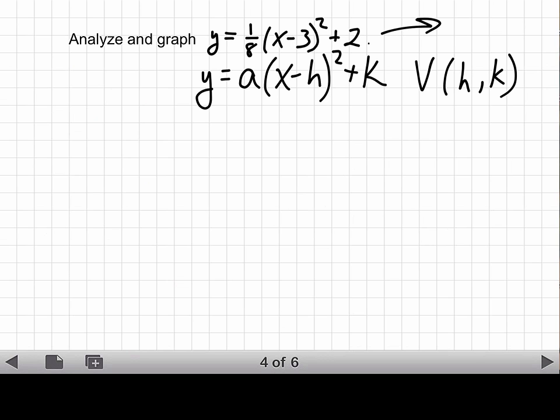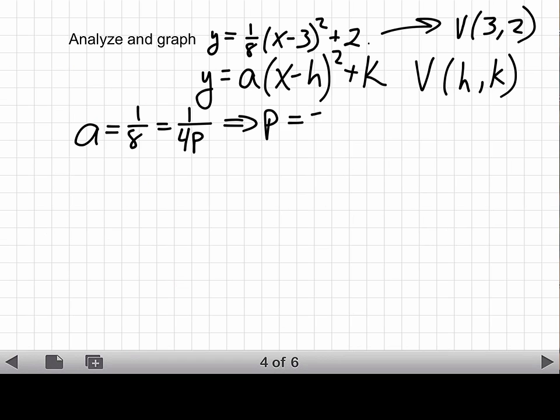So for this particular parabola, the vertex is at 3, 2. Everything else that we have just done still applies. So as in the first example, a being 1/8 and a being 1/4p tells us that p is equal to 2.